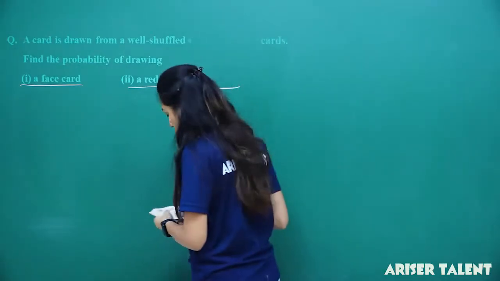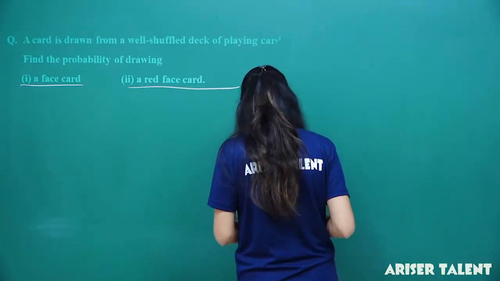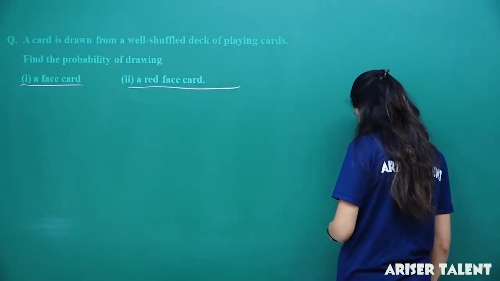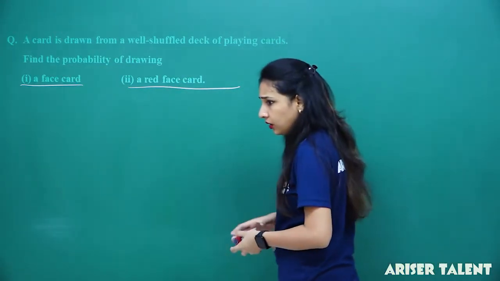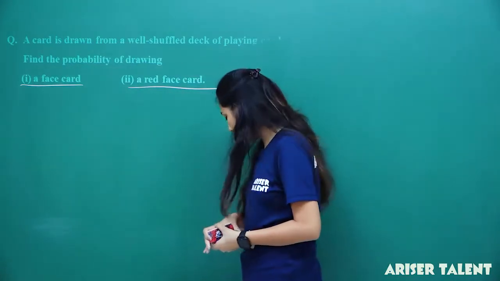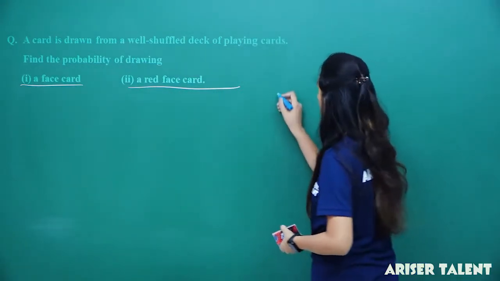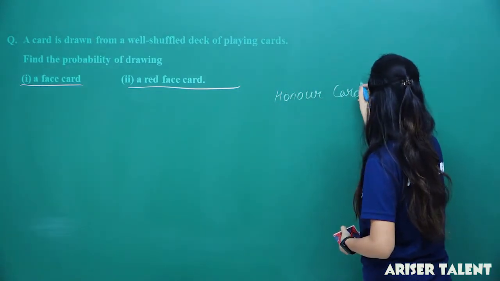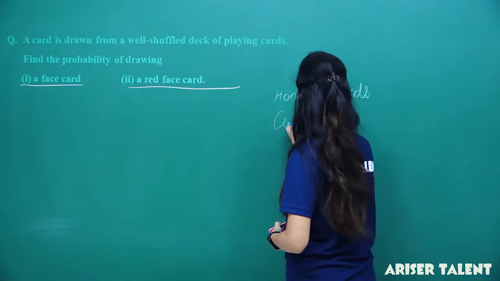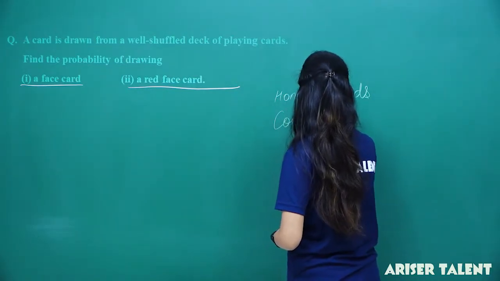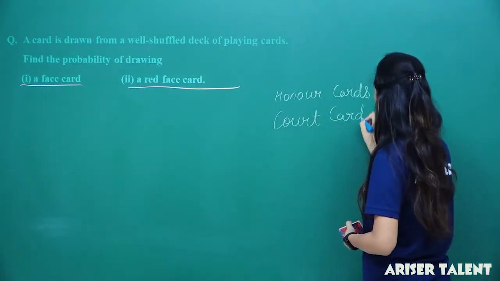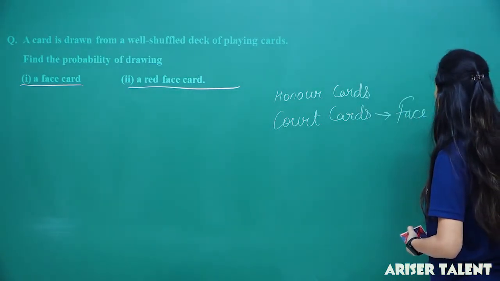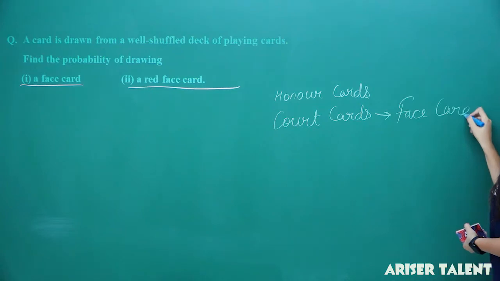And if I talk about face cards, I've told you or not. We have talked about honor cards, and we have talked about court cards also. Students, face cards are nothing but the court cards basically.